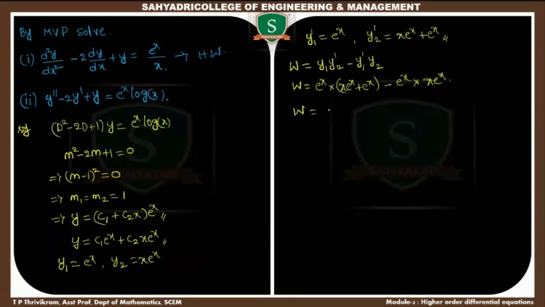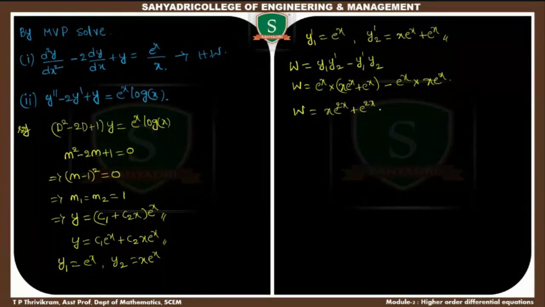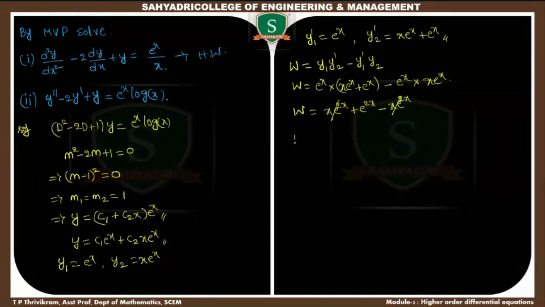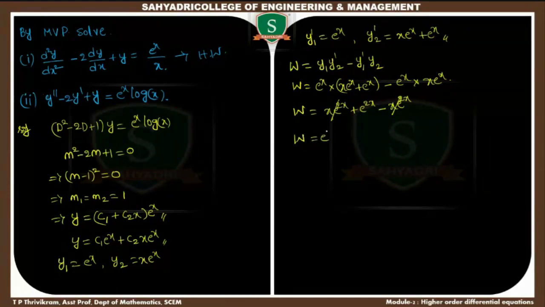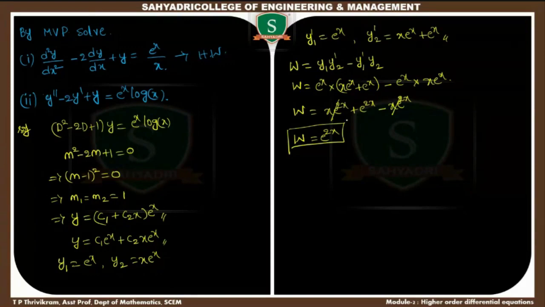So w is equal to x e power 2x plus e power 2x minus x e power 2x. So these two get cancelled. Wronskian is equal to e power 2x.